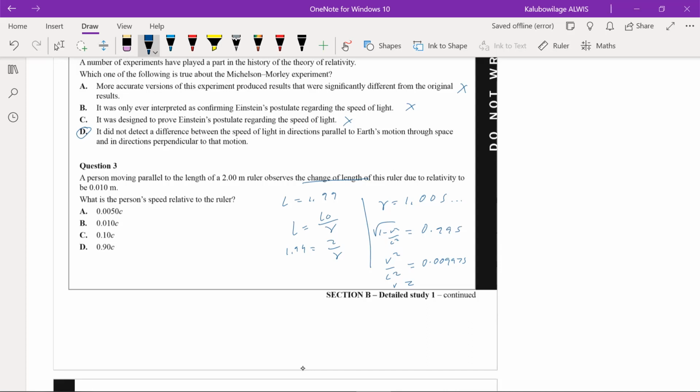I got it. 0.99 minus 1. It equals 0.09 c, which is closest to c.